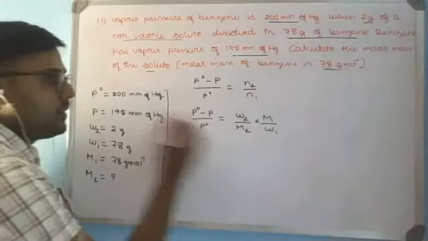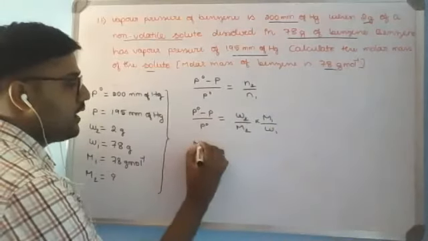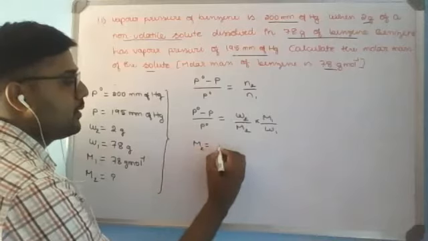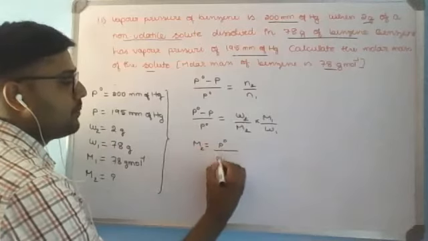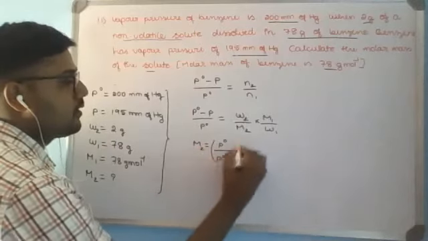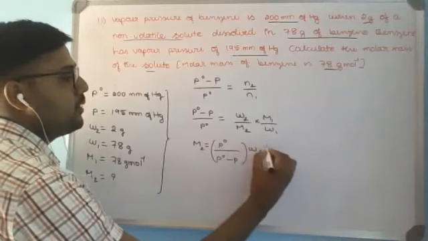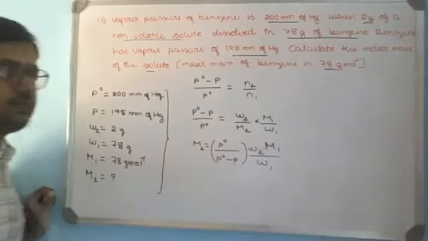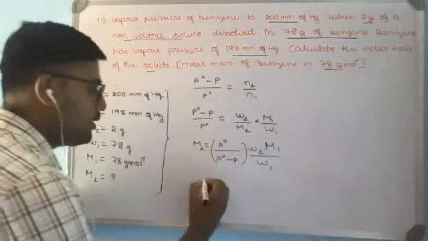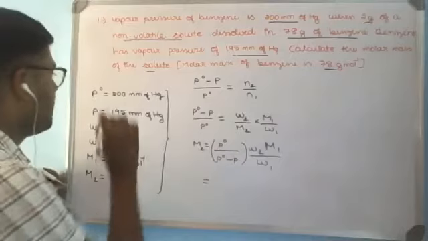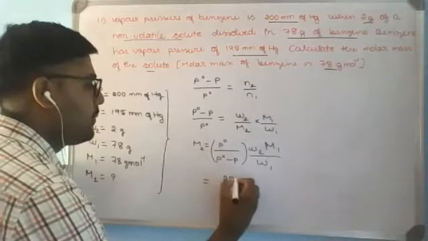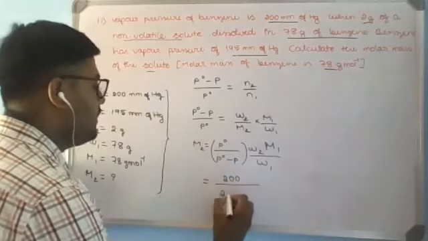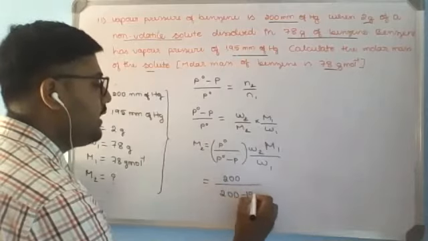With the rearrangement for the molar mass of solute, M2 is equal to P naught divided by (P naught minus P), W2 into M1 divided by W1. I will substitute the values. P naught is given, it is 200. P naught minus P, that is 200 minus 195.